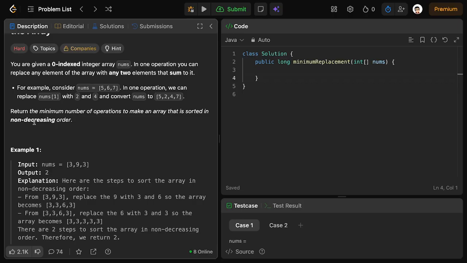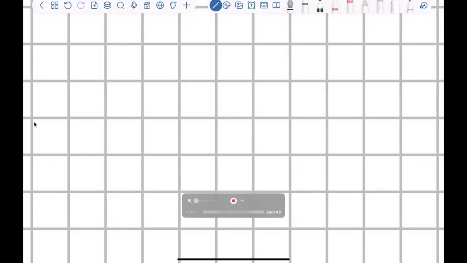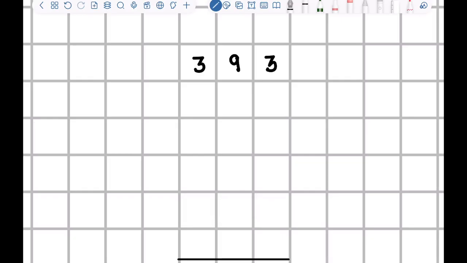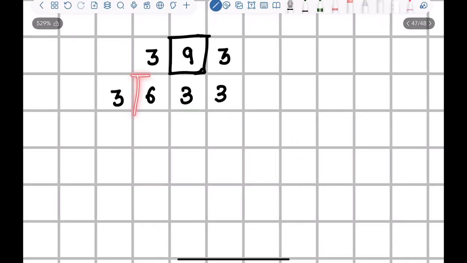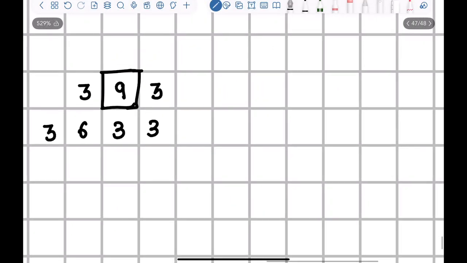To take their example, we have 3, 9 and 3. We have to break 9 down in such a way that the broken down numbers sum to 9: 6 plus 3 is 9. Now you must ask, why just 6 plus 3 and not 5 and 4? Why not 7 and 2? Here comes the concept that they have asked us, minimum number of replacements.